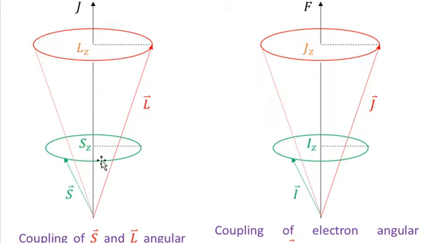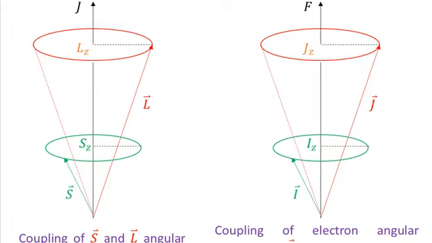I have also shown their z components, Sz for the spin angular momentum and Lz for the orbital angular momentum. Here capital L is the total orbital angular momentum and capital S is the total spin of the electrons.